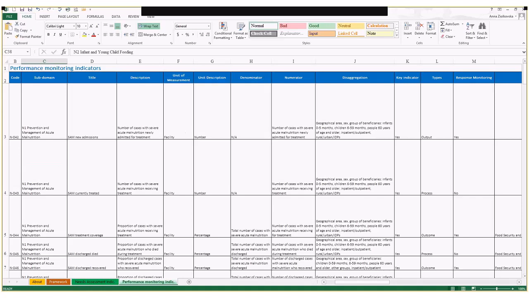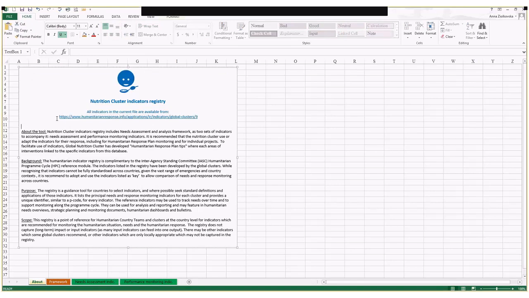So now I will go to this link I mentioned on the OCHA website, on the humanitarian response.info, where you have all the same indicators. Let me open it.